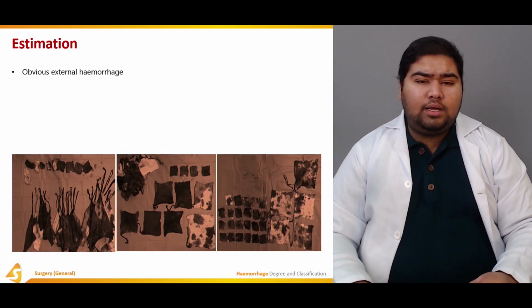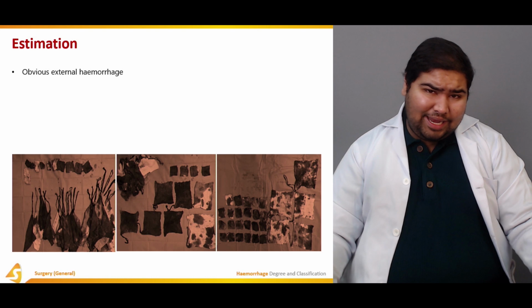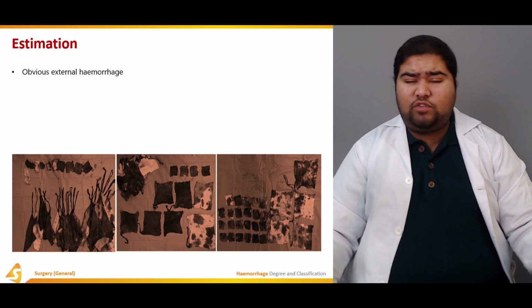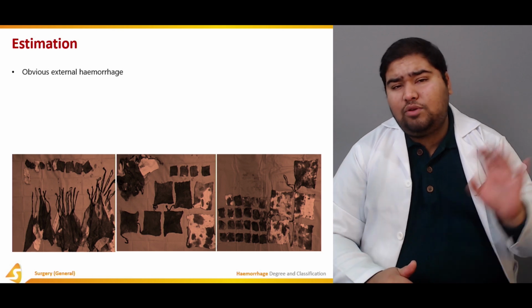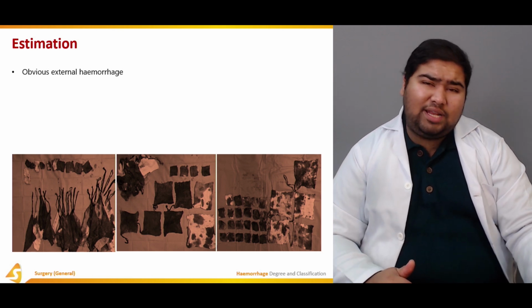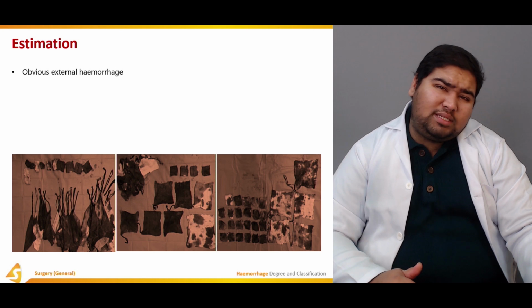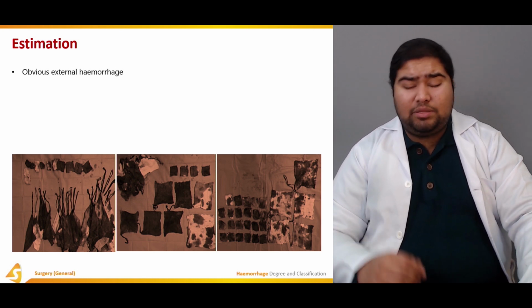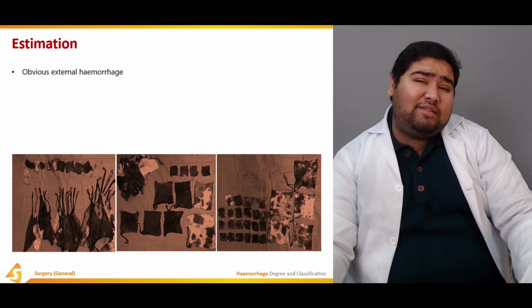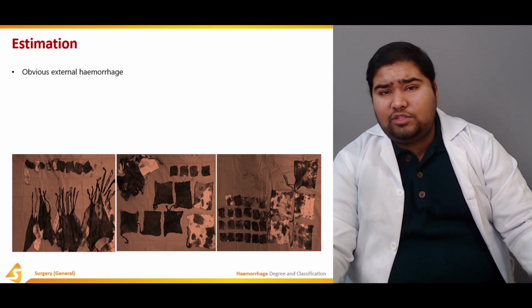So again, in an external hemorrhage, the bleeding is pretty obvious. For example, I cut my finger, you can see the amount of bleeding that is occurring. So you can have an idea, all right, he has lost some blood. You can clearly see that in external hemorrhage. But then again, if that's a road traffic accident, that's an altogether different story.